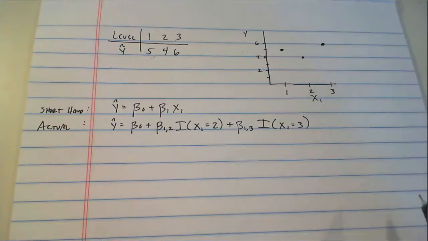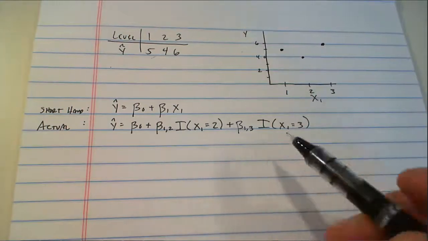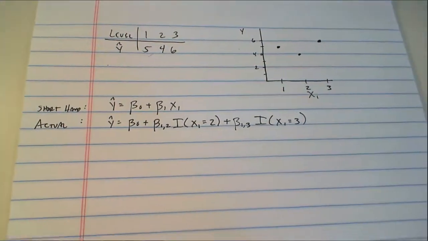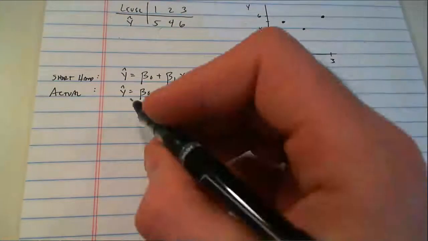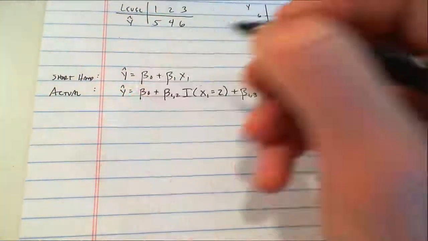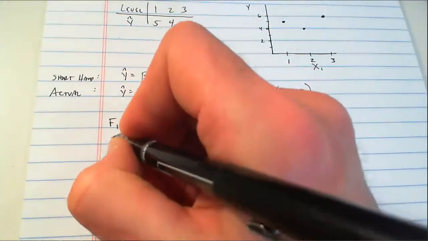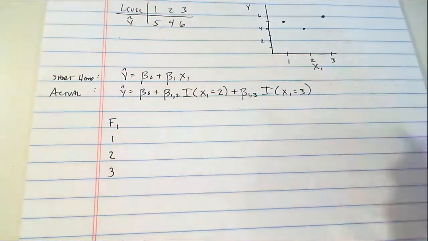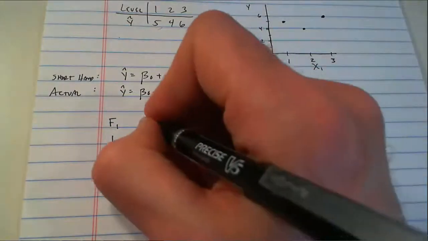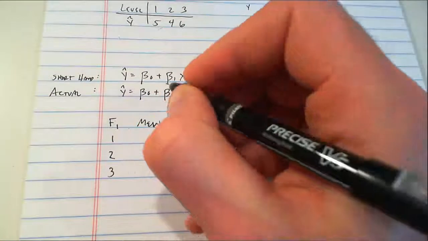All right, so let's write out what the equations are for each value of x. So when factor 1 takes values 1, 2, and 3, what is the mean?